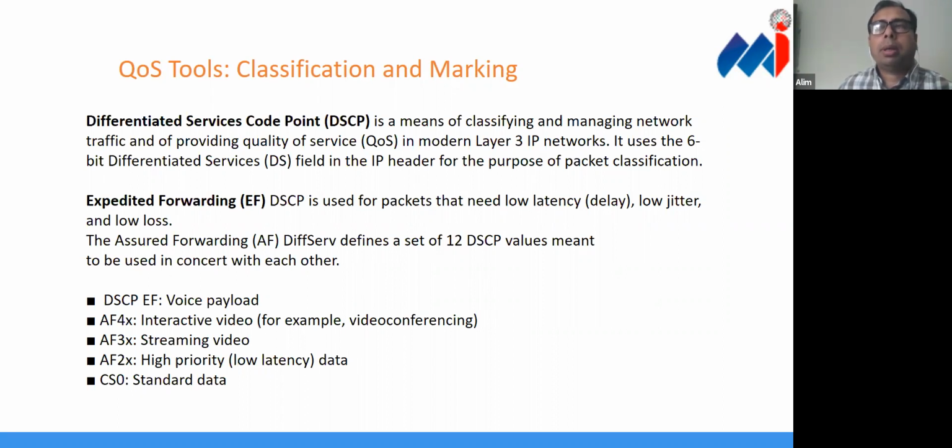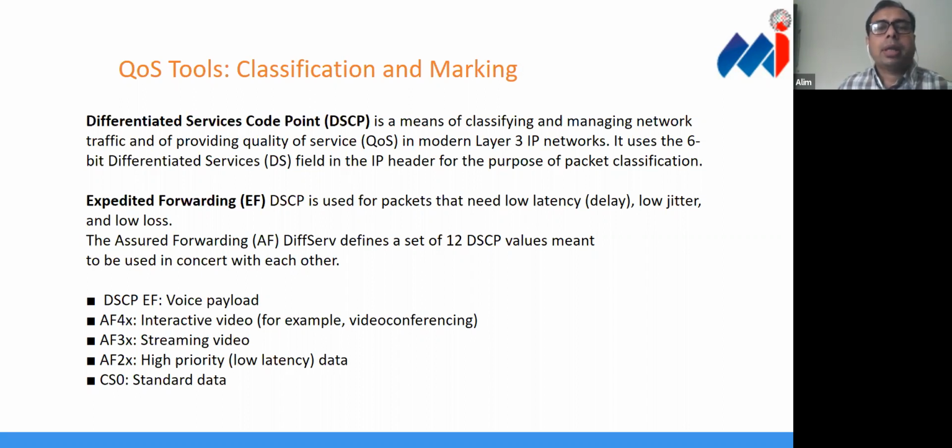So in a normal network, we don't configure quality of service. We don't care. But in a large organization where you have VoIP telephony, you have voice service, data service, quality of service is required there. Otherwise, the service experience will not be good.